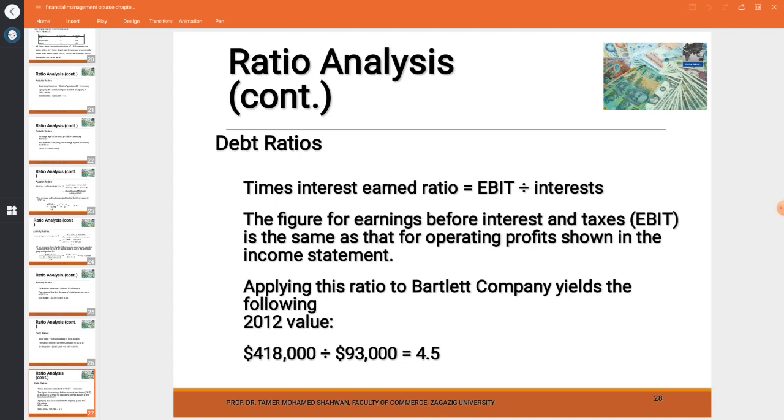In our example here, our EBIT, we called it there operating profits. The operating profits, or earnings before interest and taxes, we divide by the interest. It is 4.5. What is the meaning of 4.5? This firm's EBIT will enable it to cover its interests by 4.5 times.